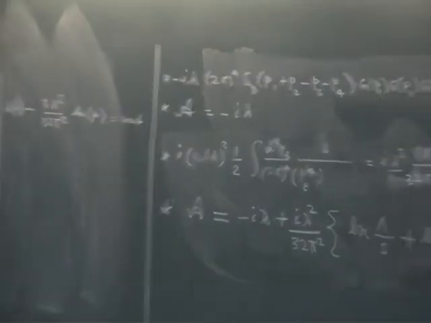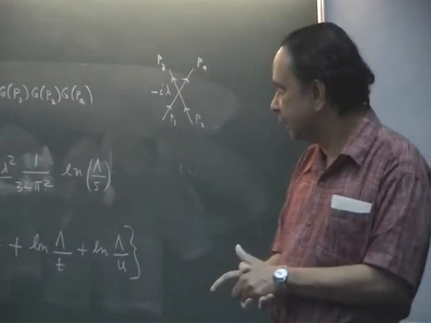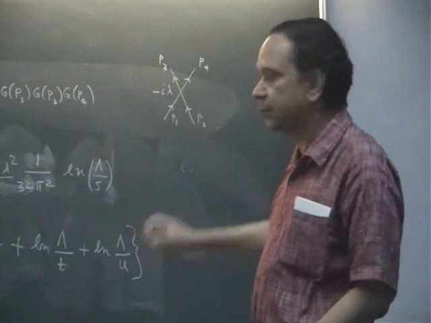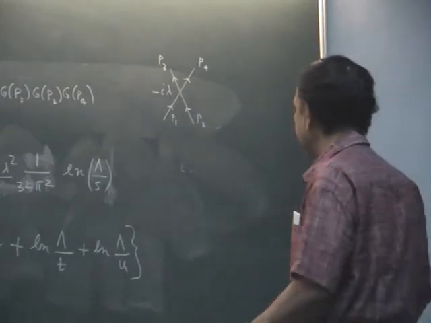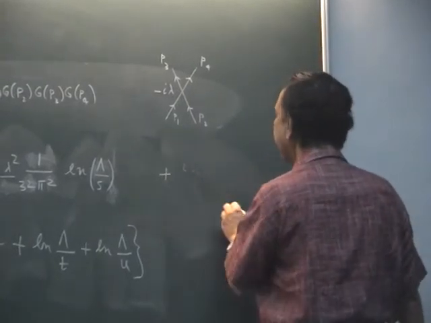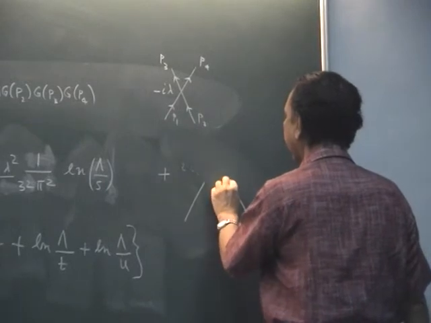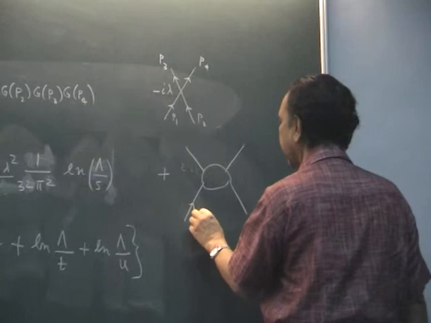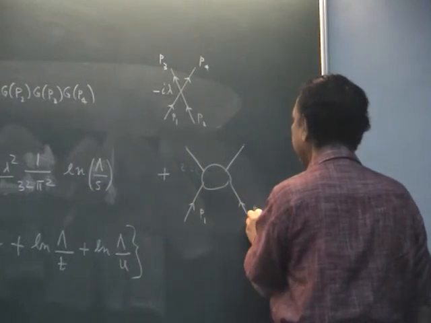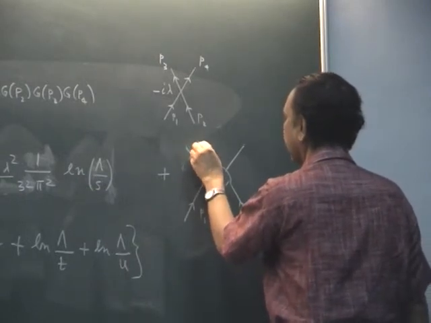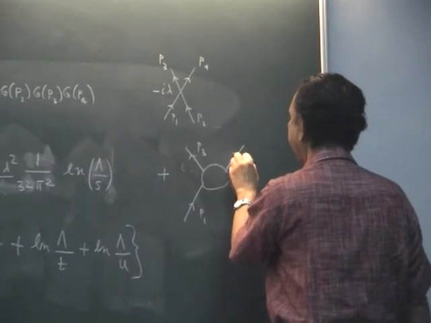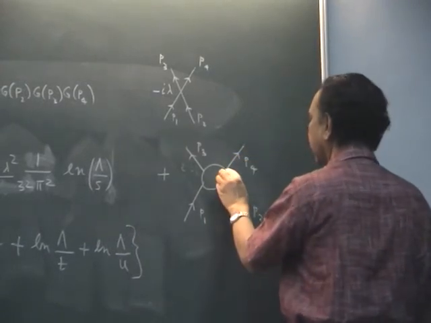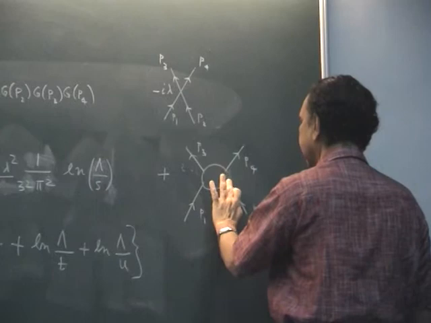So in the conventional theories, what they would have said is that, let us go and compute this process. To the lowest order it is this. Then you want to add to it a process like this, P1, P2, P3, P4, and this one at the same point.